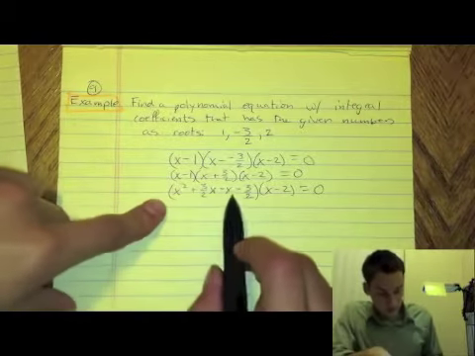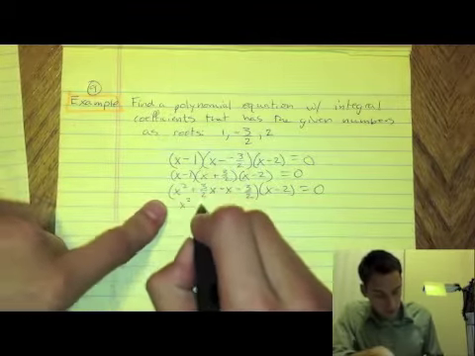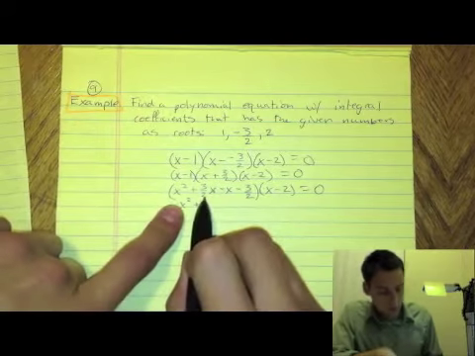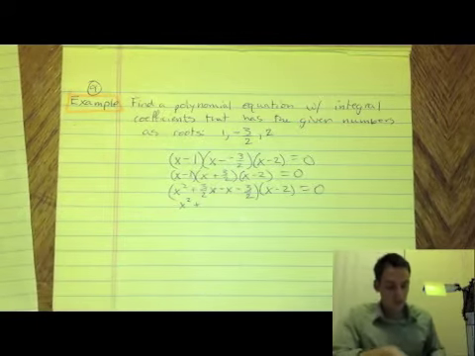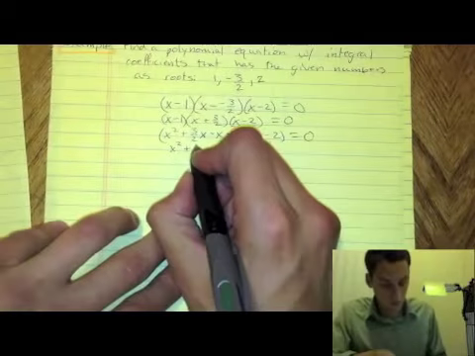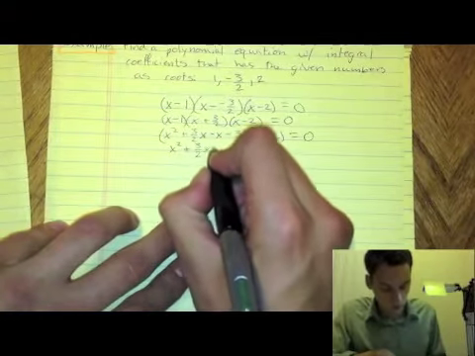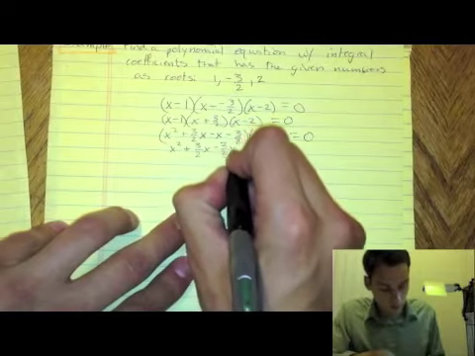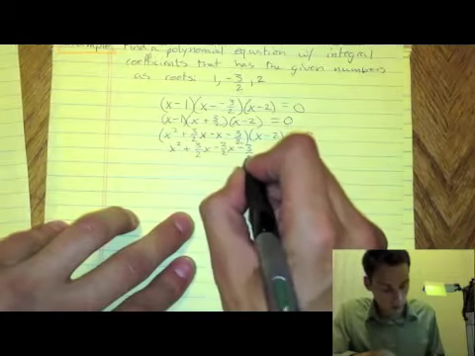And then I can simplify. That would be x squared plus, this becomes negative 2/2, so 3/2x minus 2/2x minus 3/2.